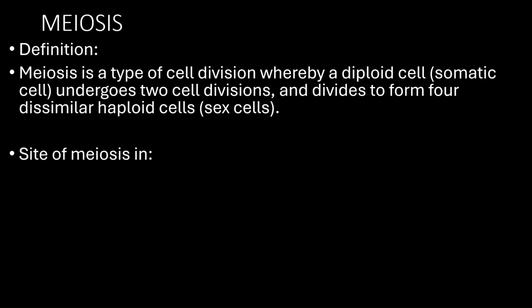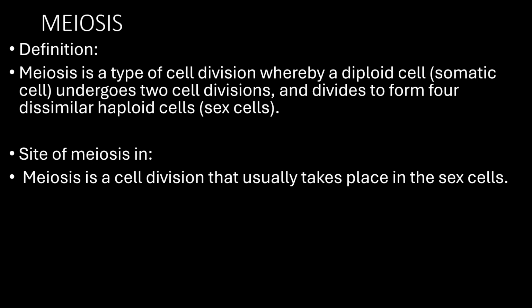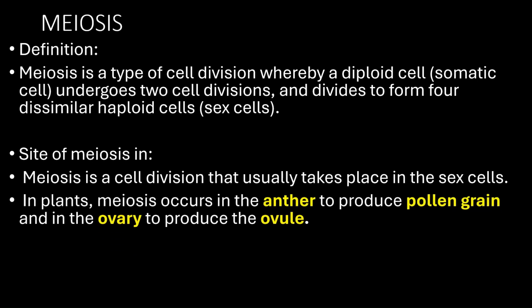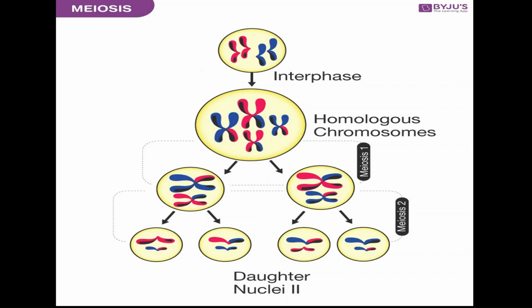We also looked at the site of meiosis: in plants, it occurs in the anther to produce pollen grains and in the ovary to produce ovule. In humans, it occurs in the testes to produce sperm cells, and in the ovary to produce ovum.